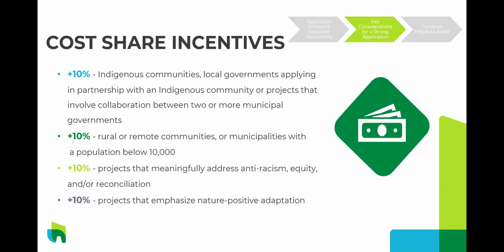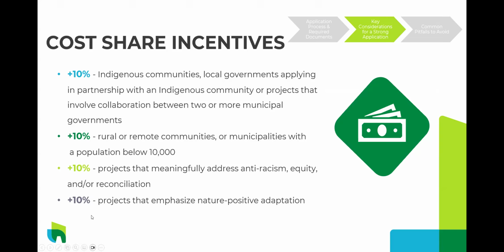The second 10% you see there is for rural or remote communities or municipalities with a population below 10,000. We would just be looking at the latest census results to determine the population. And then the third one we have is an additional 10% for projects that meaningfully address anti-racism, equity, and or reconciliation. I'll go into some detail about that in an upcoming slide as well.